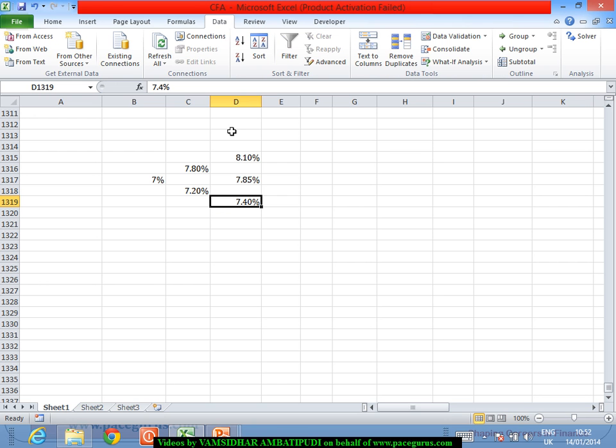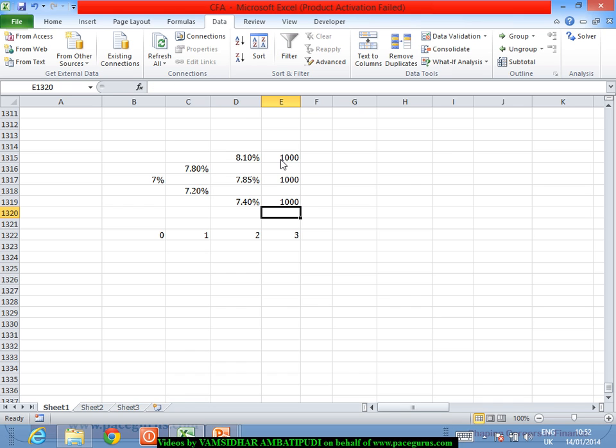Let me assume that this is year 0, 1, 2 and 3. At the end of 3 years, I will definitely get my face value of 1000, whatever the interest rate at that point.